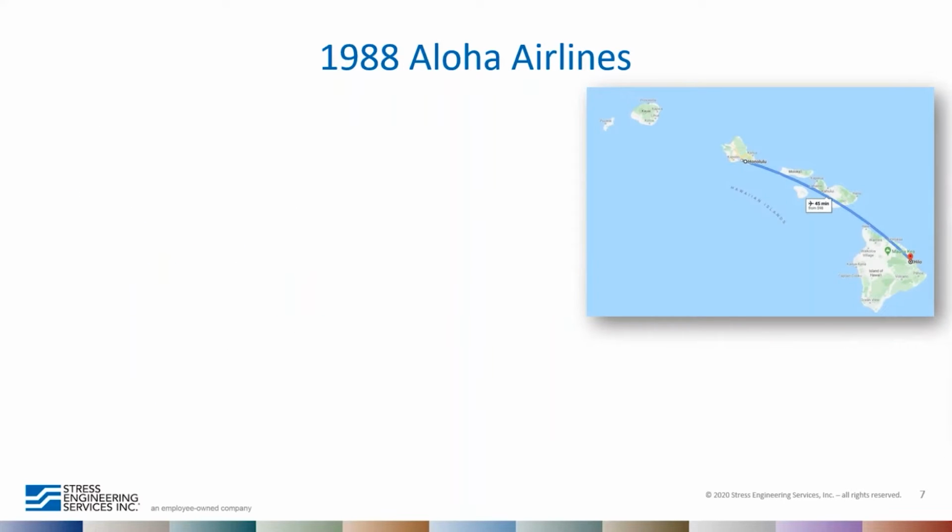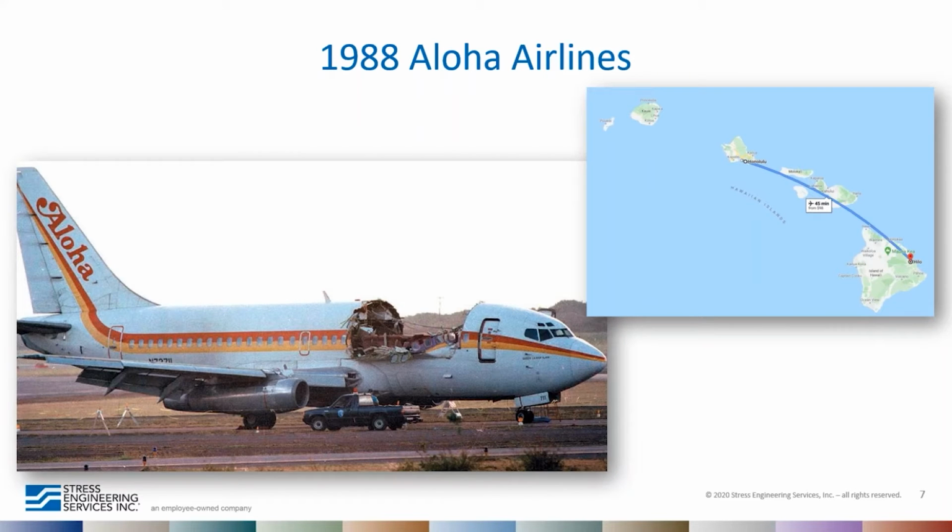Another failure occurred on Aloha Airlines flying to Honolulu, when there was a structural failure on the fuselage of the aircraft. It resulted in a portion of the fuselage coming off entirely, and one of the crew, a flight attendant, was actually lost in that accident.